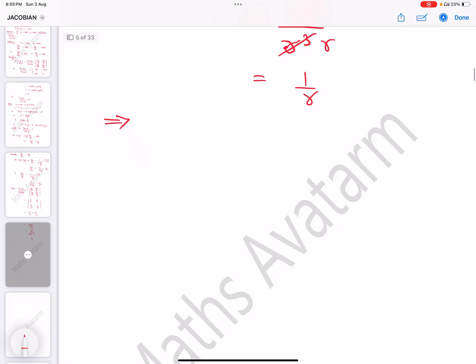So this implies del(r, theta) upon del(x, y) is equal to 1 upon r.